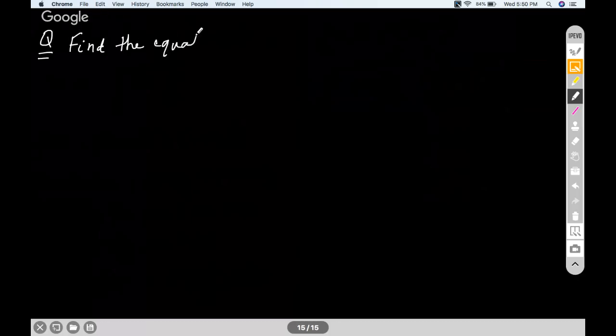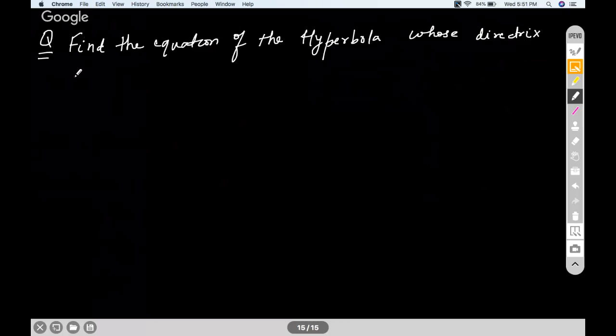Find the equation of the hyperbola whose directrix is 2x plus y equal to 1, whose focus is 1 comma 2, and whose eccentricity is root 3.